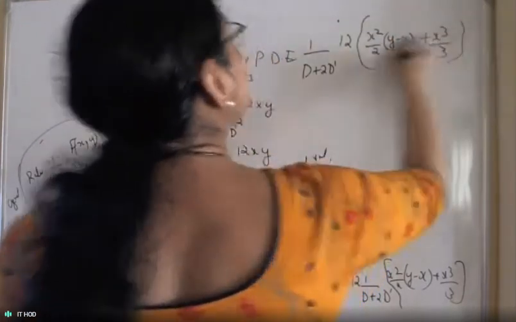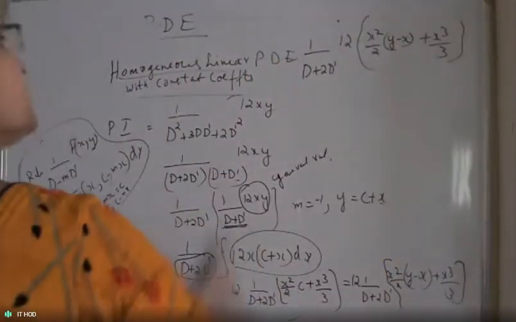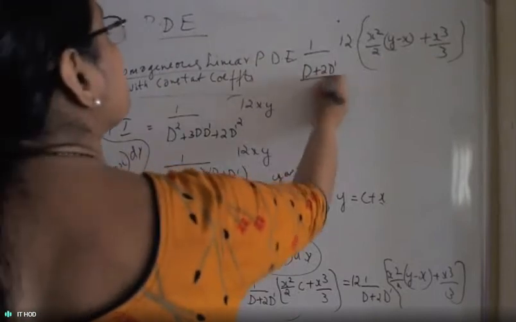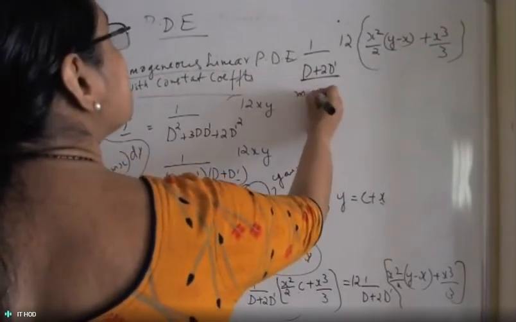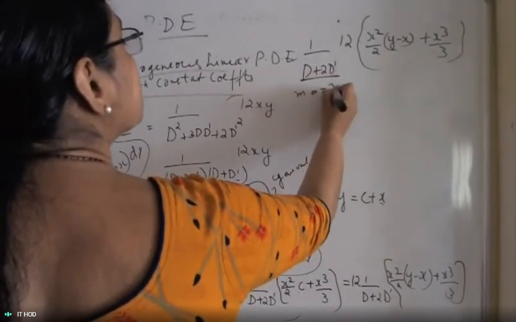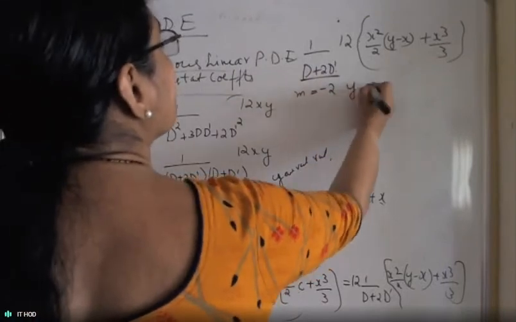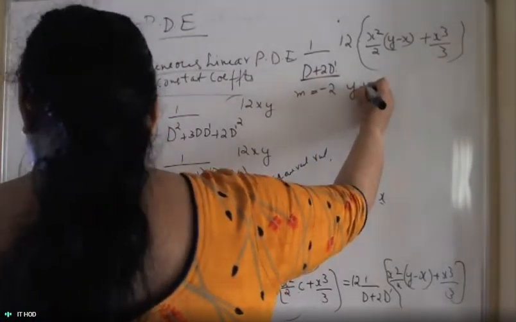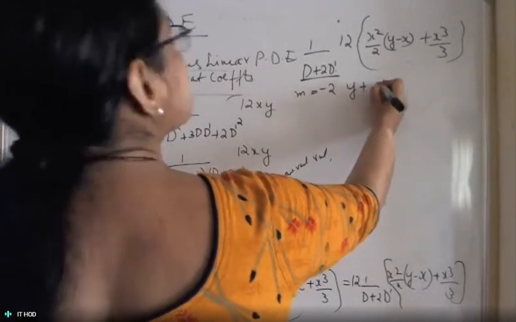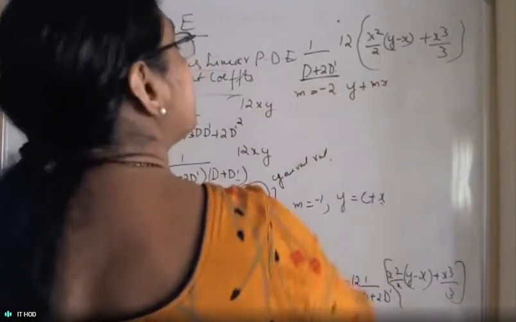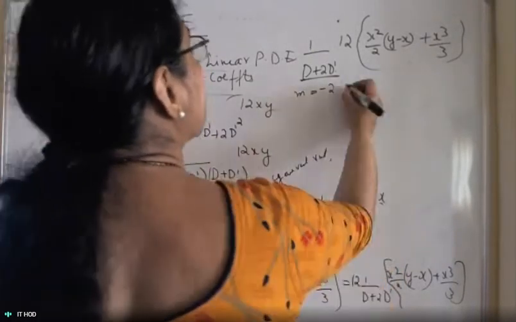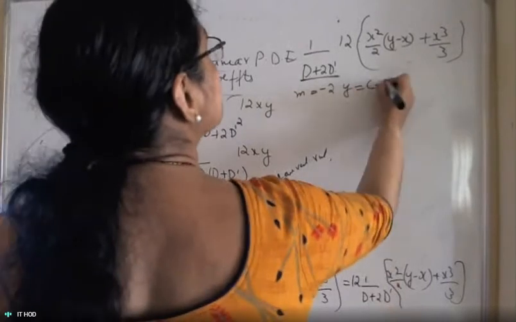This is our new f of x, y. Again, this is not our answer; you have to solve this one also. Here m is equal to minus 2. Again we take y plus mx equal to c, so y is equal to c minus mx.